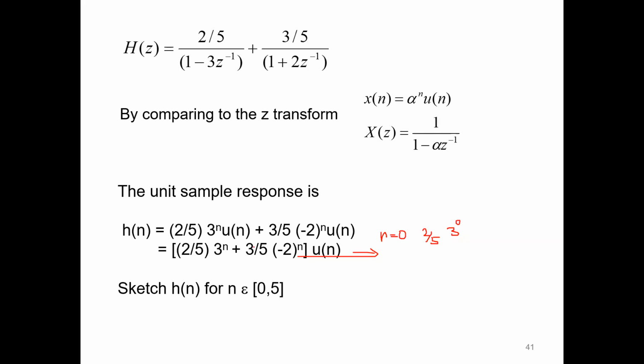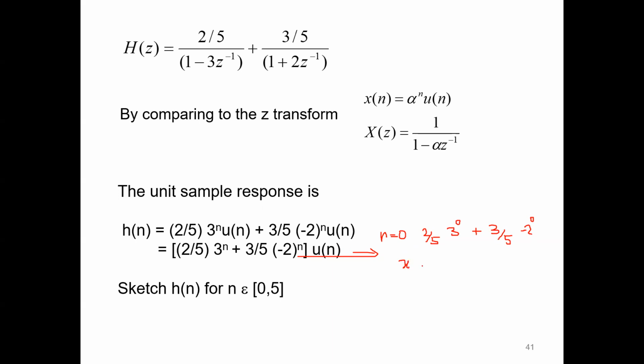I just drop u[n], because it's always 1. Then plus 3 over 5 times minus 2 to the 0.